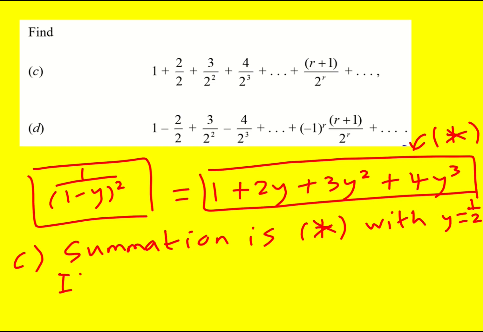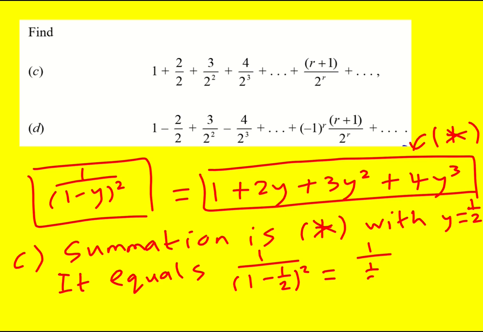It will equal 1 over (1 − a half) squared, which is 1 over a half squared. Now that is a quarter, so it's 1 over a quarter, and the answer is 4.